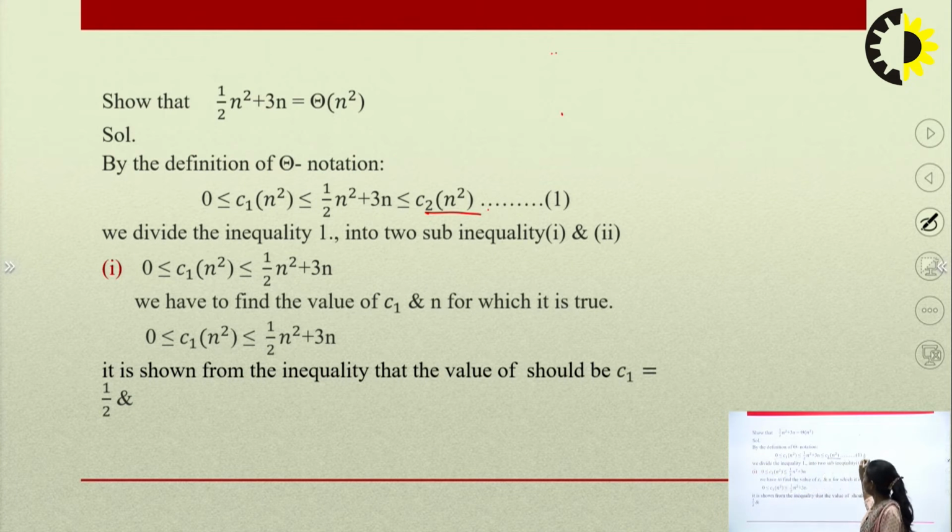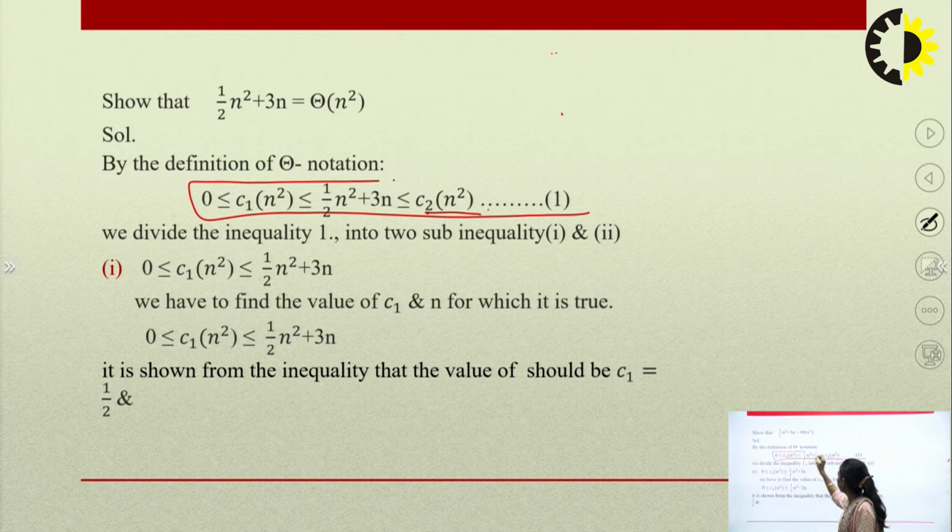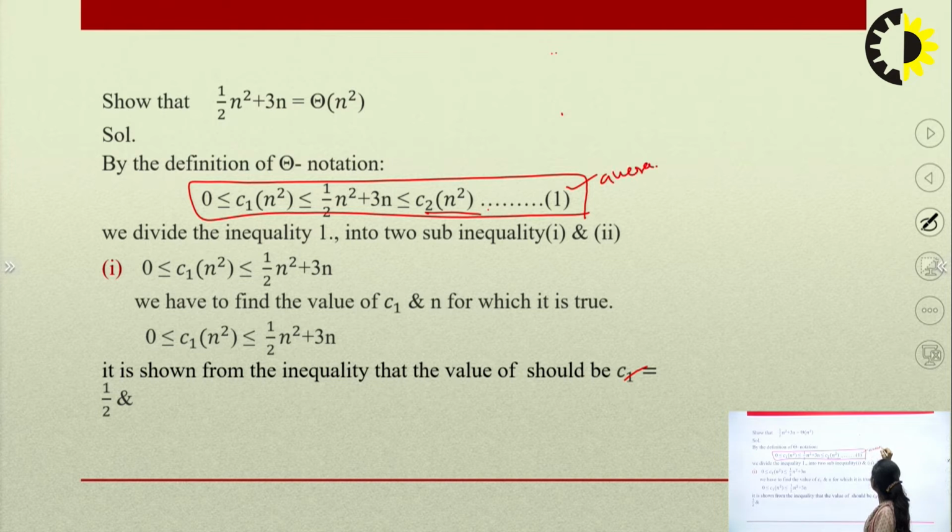Now, this total equation shows the theta notation. What is the next step? The next step is to prove that this lies in the average case. To prove the average case, we have to show that it lies between big O and big omega.